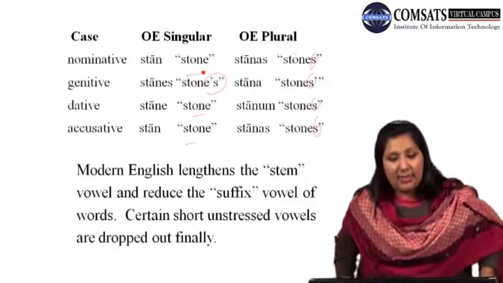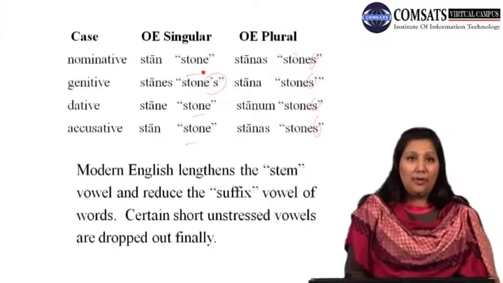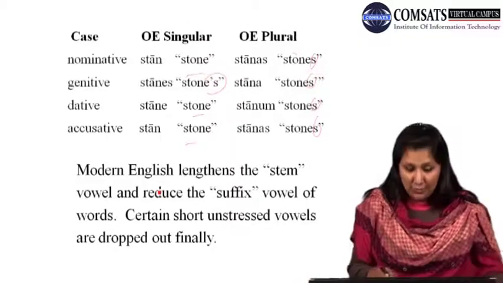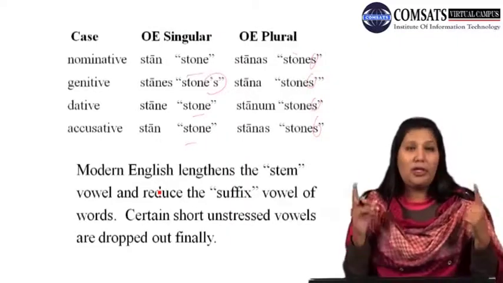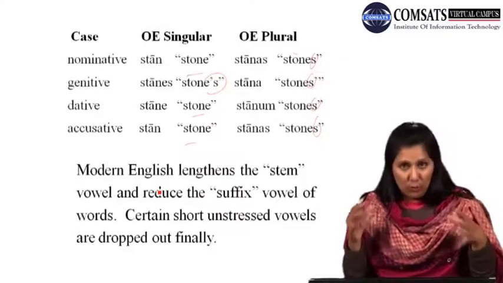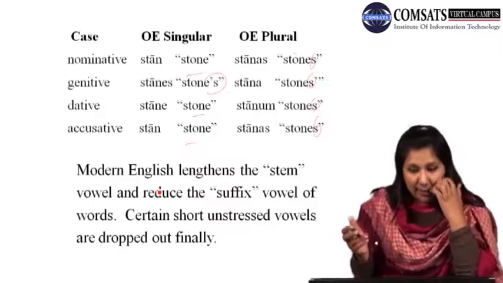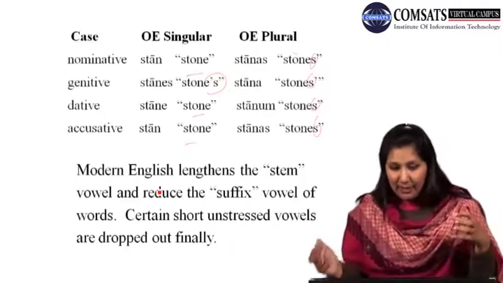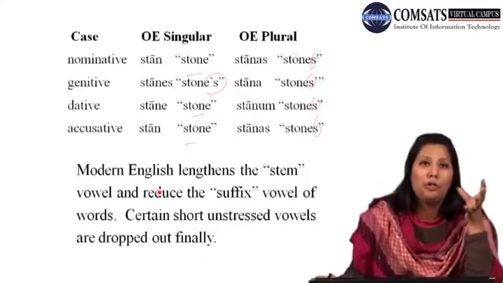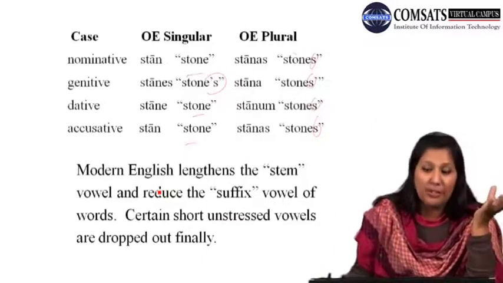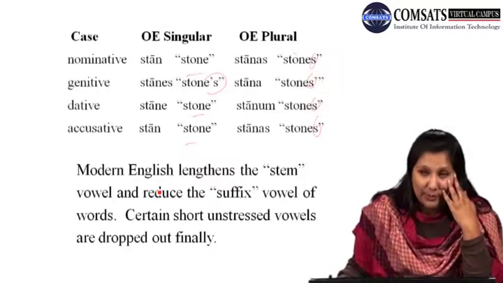Modern English lengthens the stem vowel and reduces the suffix vowel of the words. Yes, see what Modern English has done? It has reduced it. Modern English lengthens the stem, the main stem or the root of the word. We are talking more about vowels because before this we were discussing the Great Vowel Shift, the stem vowel, and reducing the suffix vowel of the words.